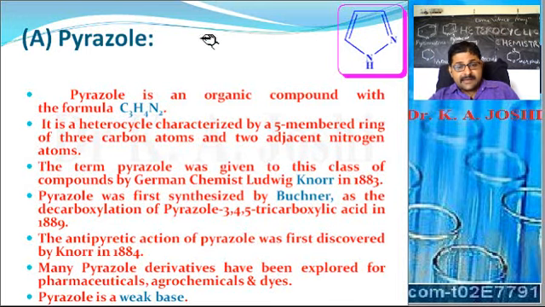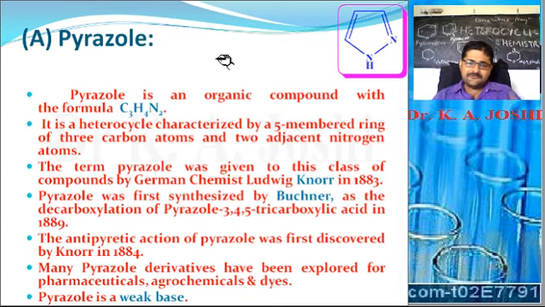Pyrazole was first synthesized by Buchner. Buchner is not the TV umpire or cricket match umpire; Buchner is a scientist, a chemist. He synthesized it by decarboxylation of pyrazole 3,4,5-tricarboxylic acid in 1889.